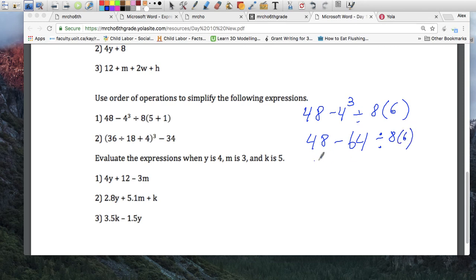Now it's multiplication and division, so I have a choice between dividing 64 by 8 or multiplying 8 by 6. I'm going to divide: 64 divided by 8 is 8, and then I multiply by 6. 48 minus 8 times 6 is 48, and that gives us an answer of 0.